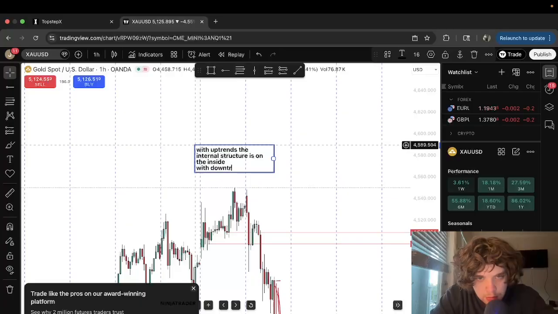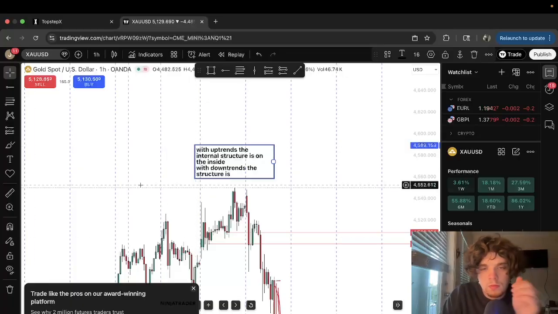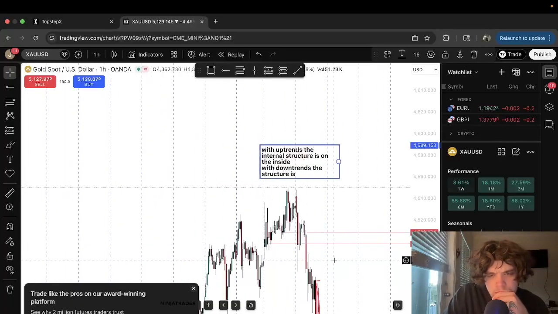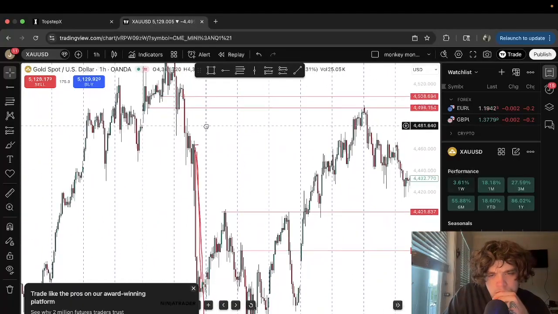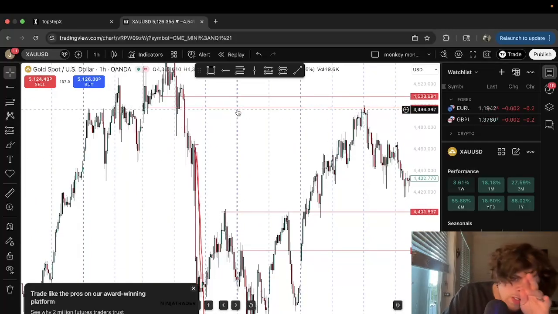With downtrends, the structure is also on the inside, but I guess it's on the outside of it.